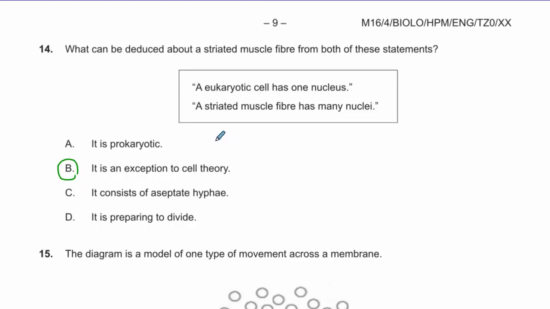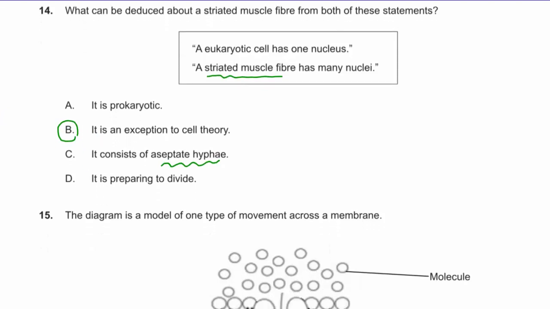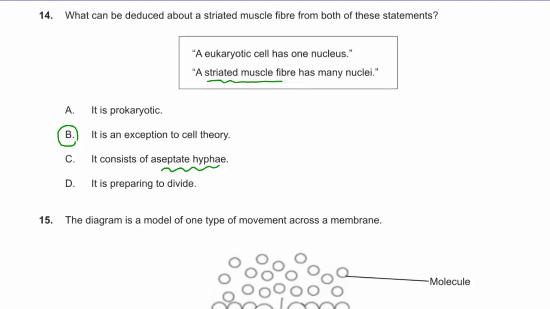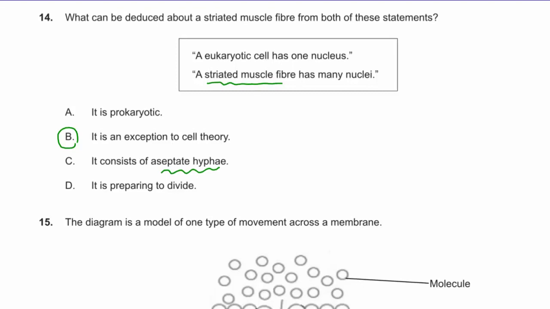Yes, that's usually true, but in some hyphae, which don't have sections between the segments, you can have many nuclei. But since we talk about striated muscle fibers here, that is the correct one. Even though C also refers to an exception to cell theory, B is more correct.